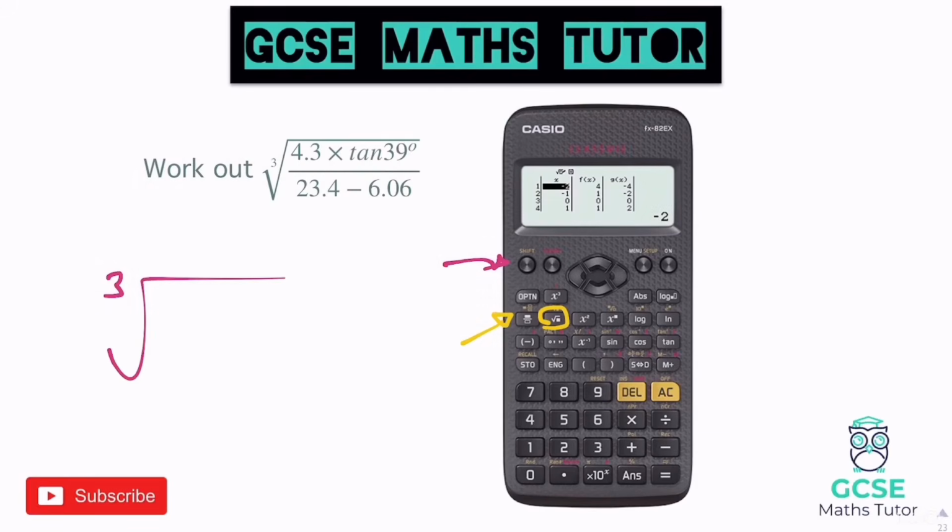So on the top of that fraction, we're going to type in 4.3 multiplied by, press your tan button, and then press 39, and normally this will go in a bracket, so remember to close the bracket off there. But you don't put this little degrees symbol in, you just put 39, the calculator knows that you're talking about degrees. So let's get that up on my calculator.